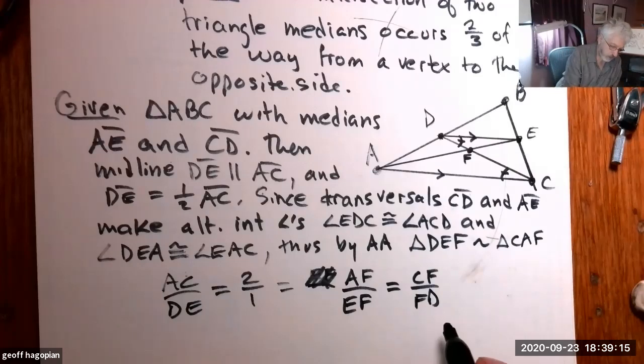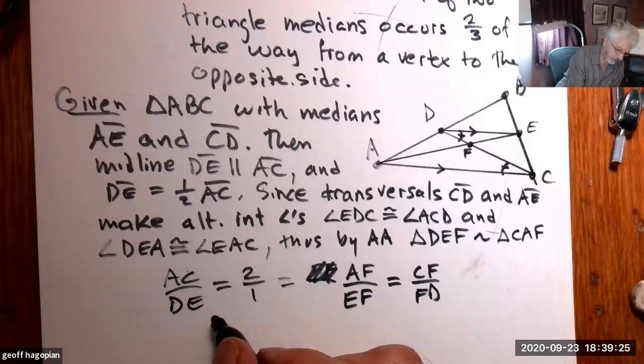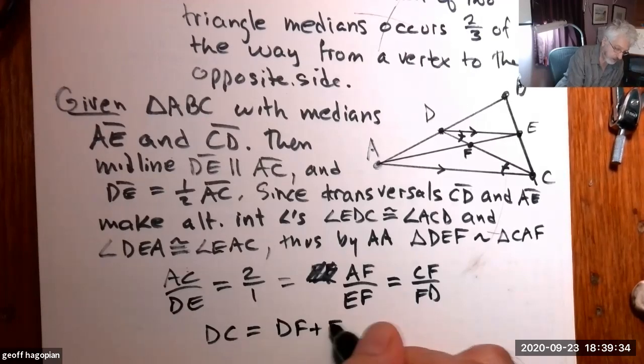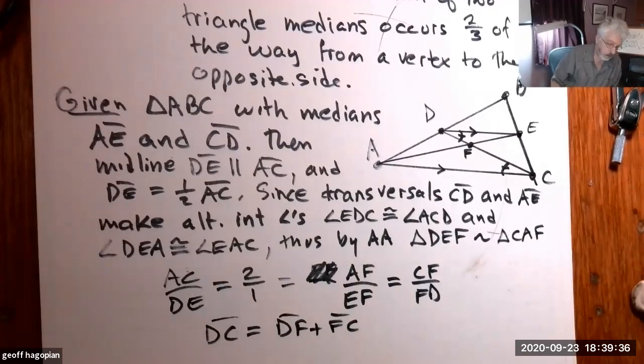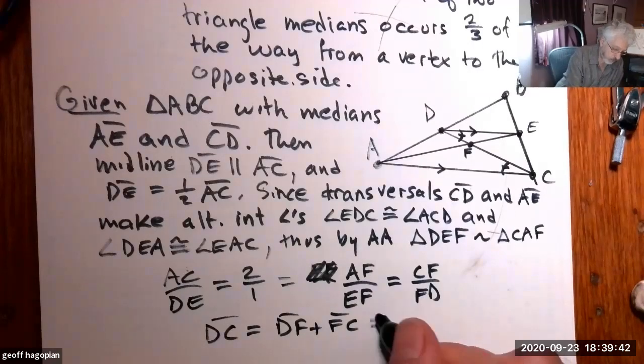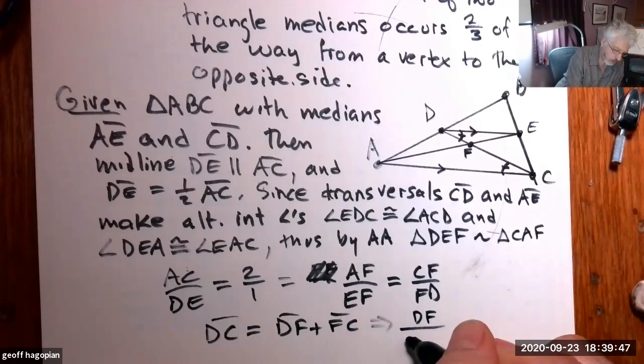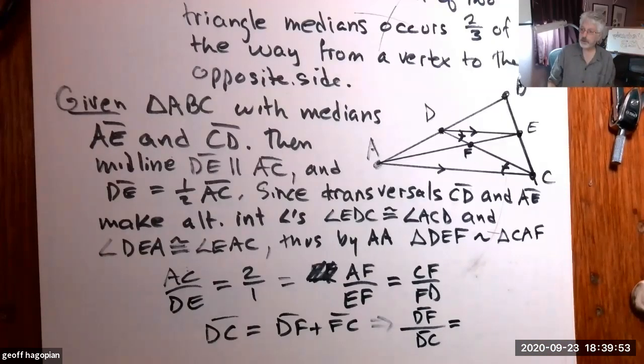So, all right, how can I make this more clear? So I guess what we'd say is DC is equal to DF plus FC, right? So the ratio of DF to DC, this is what we want to show is 2/3, right?